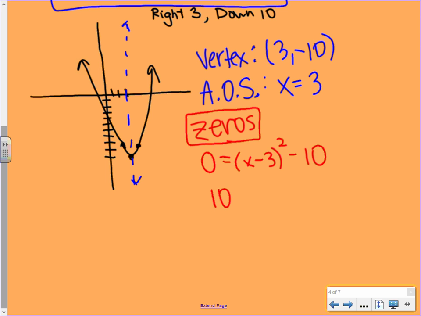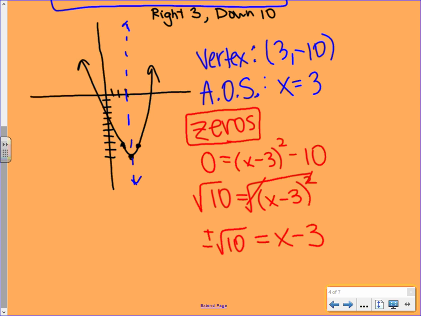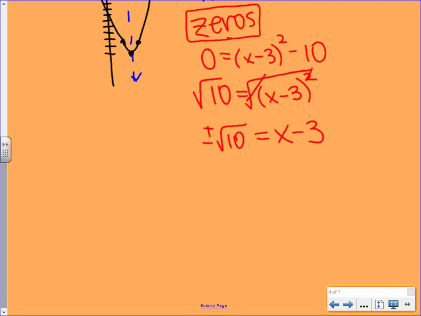Add 10. Now we have the squared isolated, so how do we get rid of it? Square root both sides. Remember, when you square root both sides, we have to account for a positive or a negative answer. So our zeros are at 3 plus or minus square root of 10.